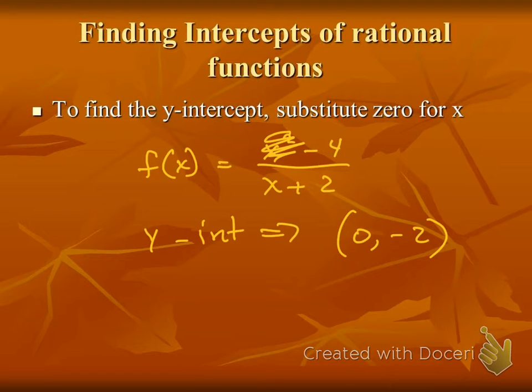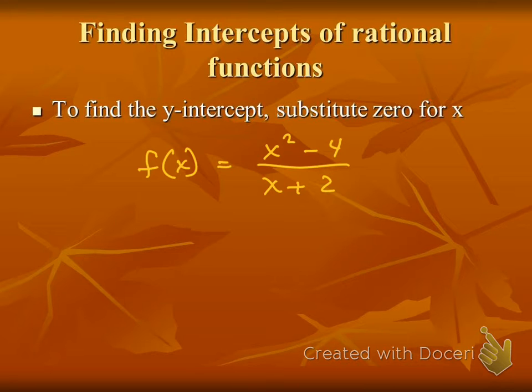Now, if we went back and looked at this same function, how do you find the x-intercepts? The x-intercepts occur where y equals 0. But that's a little bit more complicated than just plugging 0 in for y.